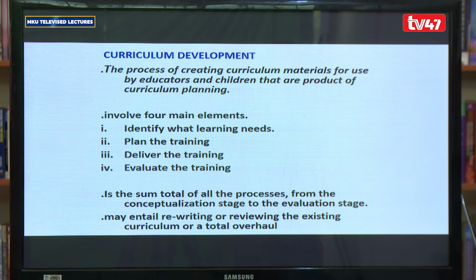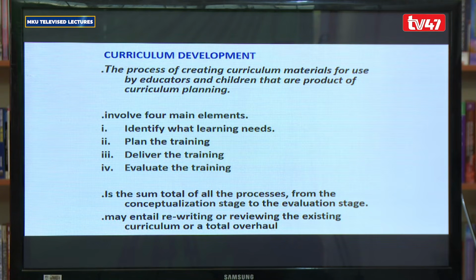Curriculum development will involve, one, identification of the needs of the society. We must identify what learning needs we should utilize. Then secondly, we must plan for the training. Then thirdly, we must deliver the training. And lastly, we should be able to evaluate the training.